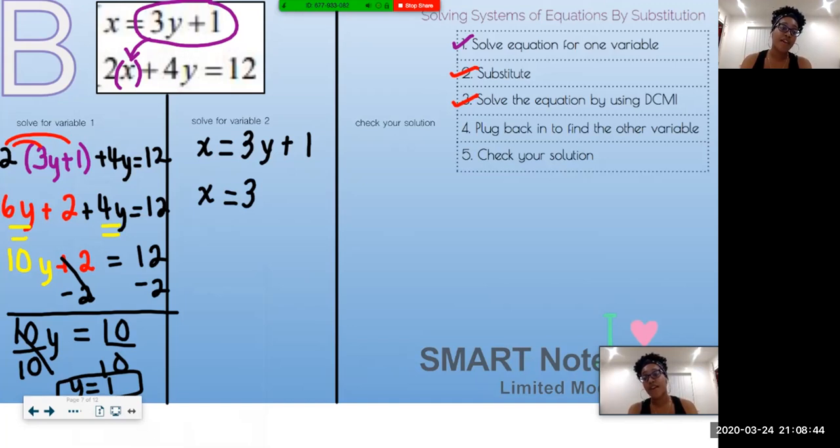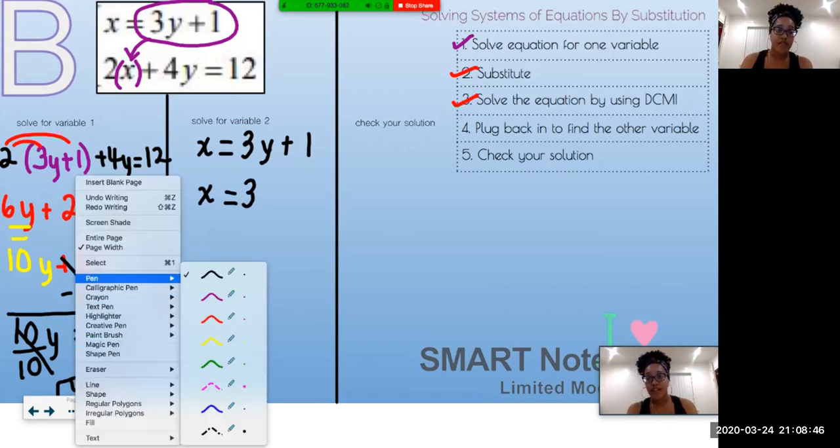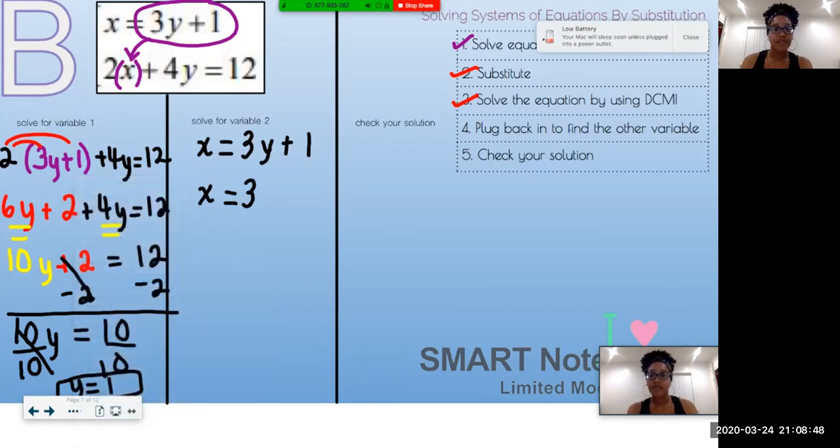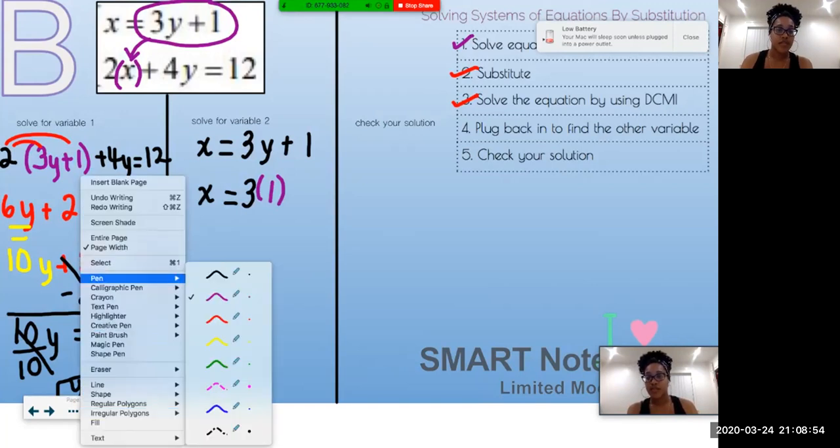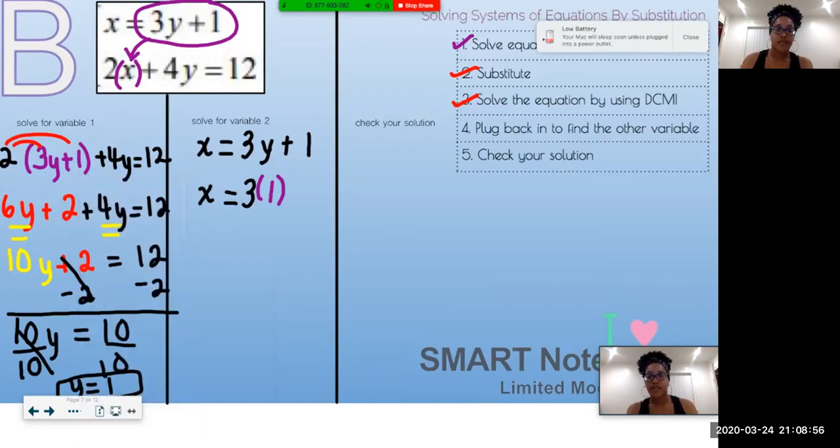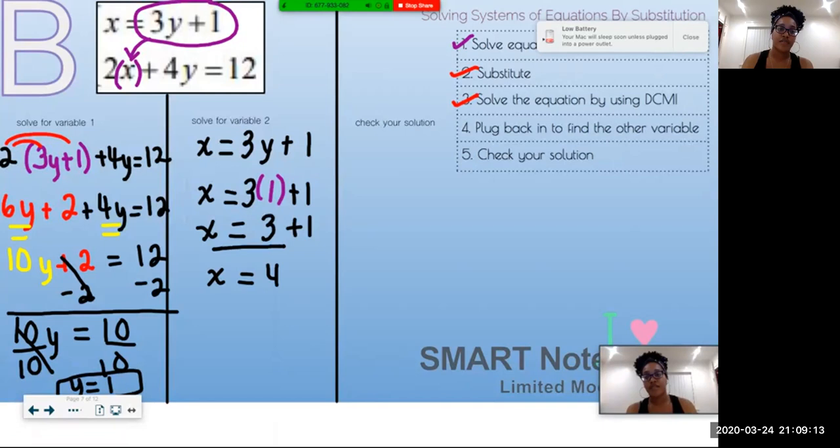We figured out that y is 1, so why don't we go ahead and put that there. And the plus 1 came with the problem, right? Okay, so x is equal to, what's 3 times 1? That's 3. And bring down the plus 1. So x is equal to 4.